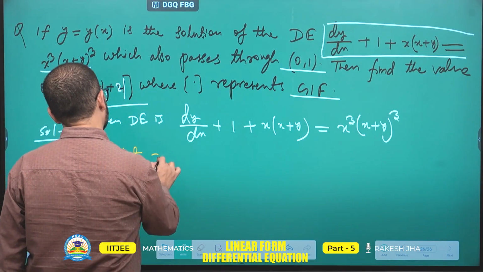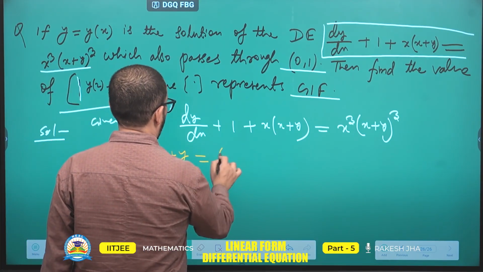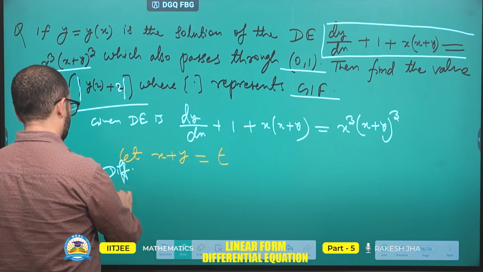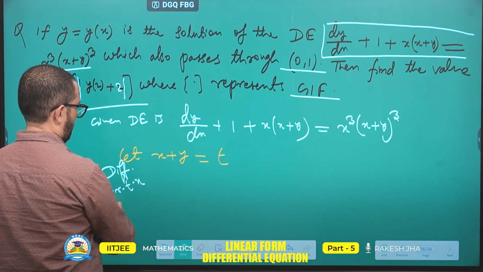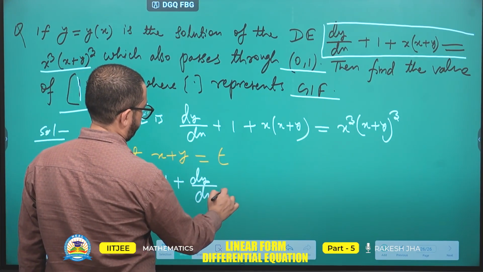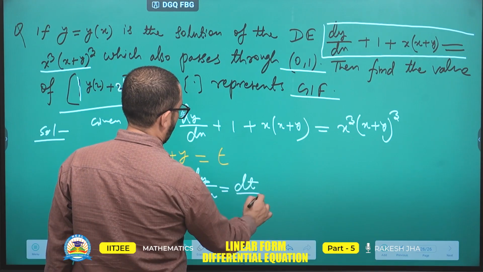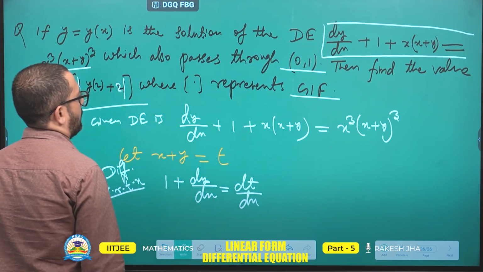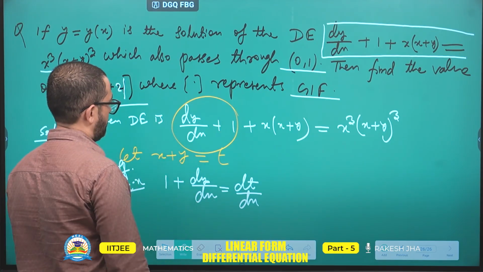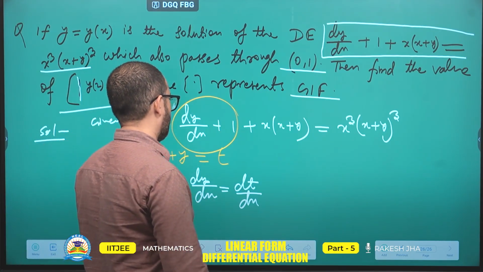So let x plus y be equal to t. If you differentiate both sides with respect to x, then 1 plus dy by dx is equal to dt by dx.